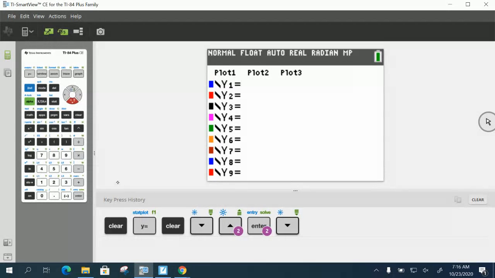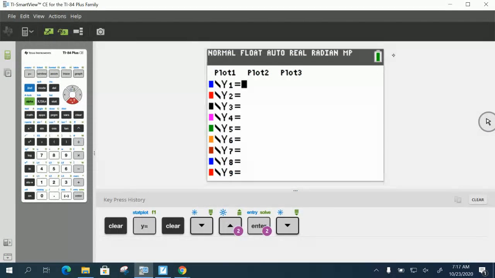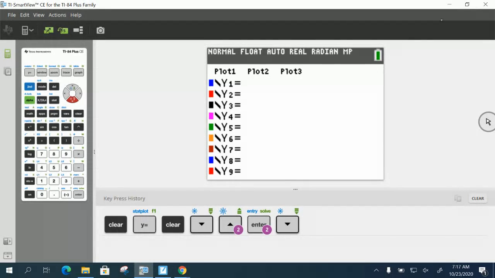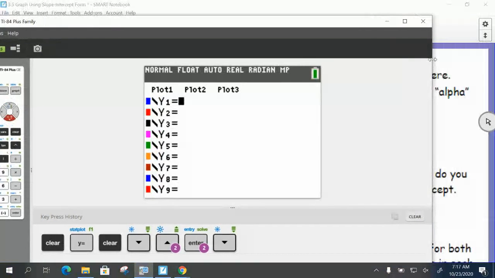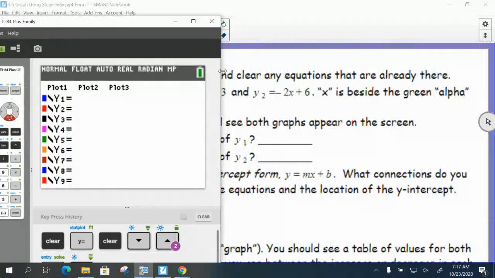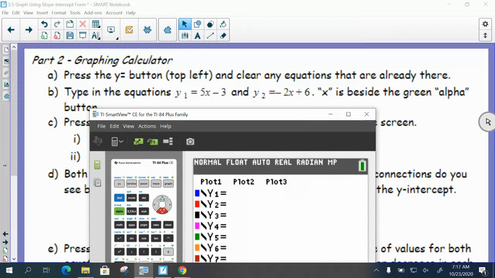All right, so the next directions here say type in the equation for y1, 5x minus 3, for y2, negative 2x plus 6. All right, so 5x minus 3.